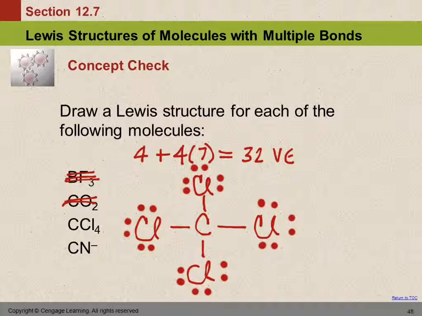Well, you can look at the 32 and say, 32 is evenly divisible by 8, and it gives you 4. So there must be these 4 things with 8, and then they're sharing with the carbon. And yeah, there is some math you could do with it, but that's like playing chess, which some people love, and they want to think ahead in all these different angles. I don't think that's fun.